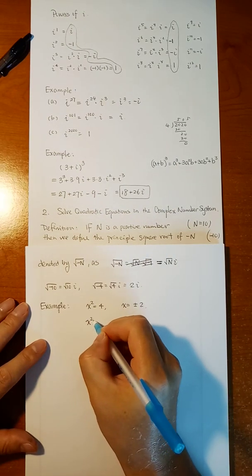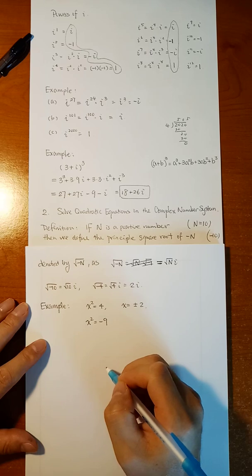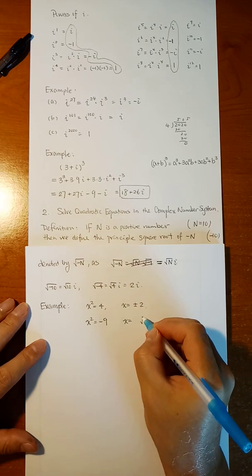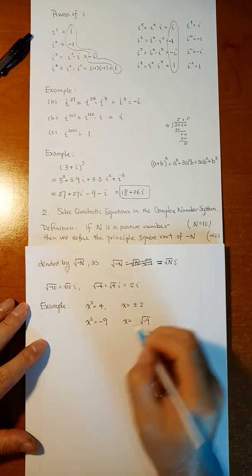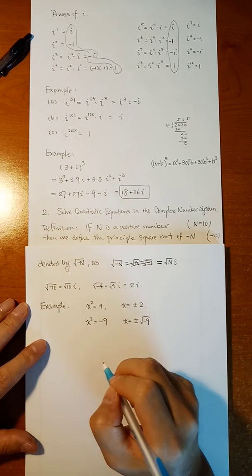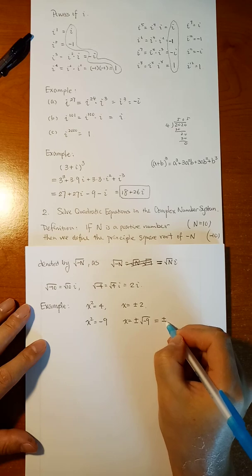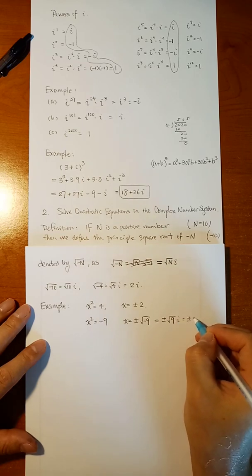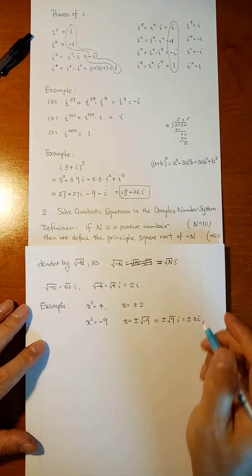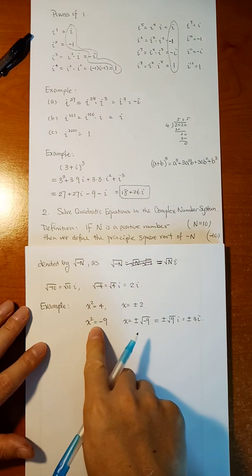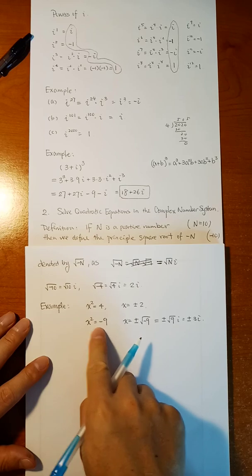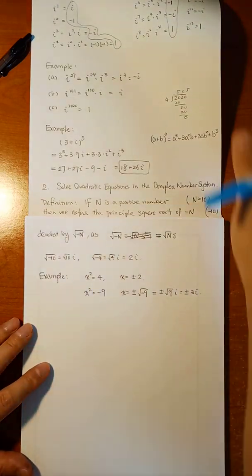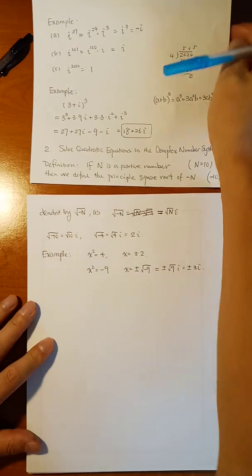And if you have x squared equal to negative 9, then x is going to be, first you get the principal square root and then put the plus minus sign. So it's plus minus square root of 9 times i, square root of 9 is 3, so it's plus minus 3i. So for this simple quadratic equation, you still have 2 solutions, but this time you have 2 complex solutions.